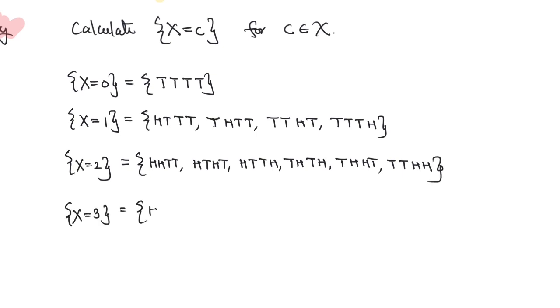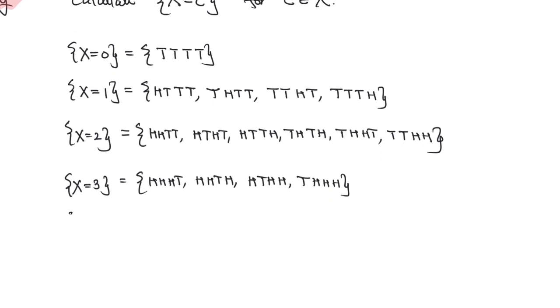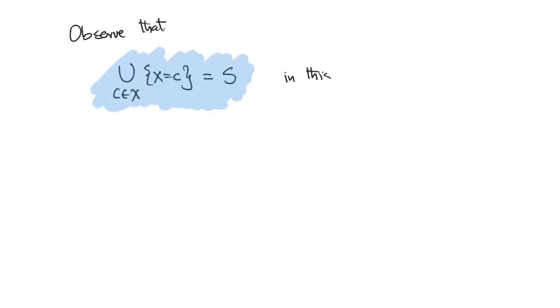And when x equals 1 and x equals 3, each of those sets have 4 elements. And x equals 0 and x equals 4 have 1 element each. Observe that the union over the values of x is the entire sample space.